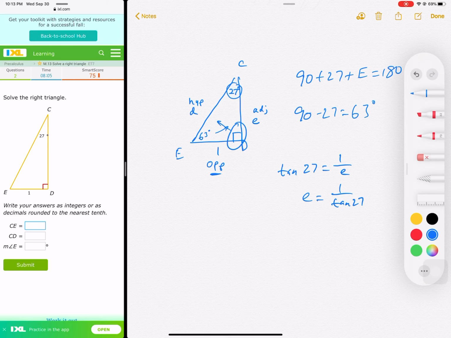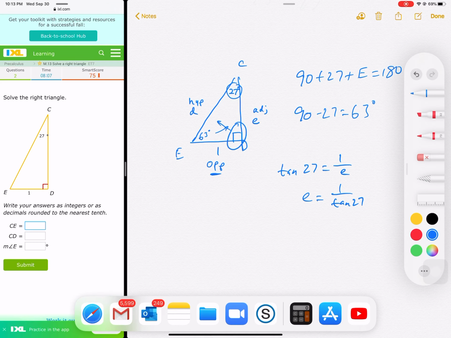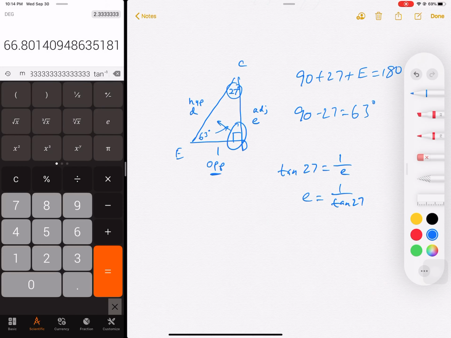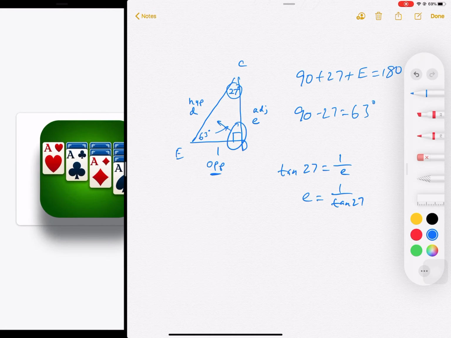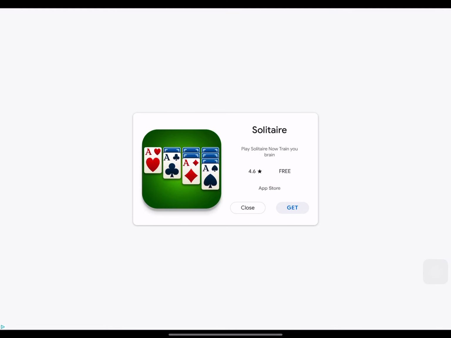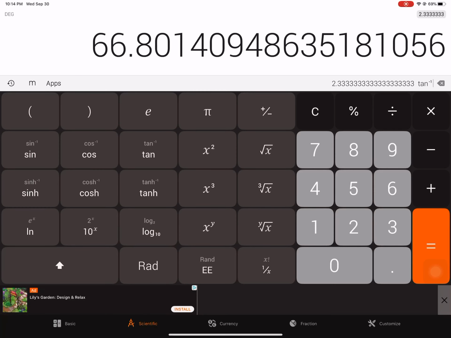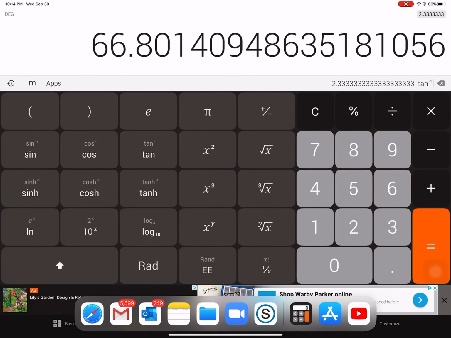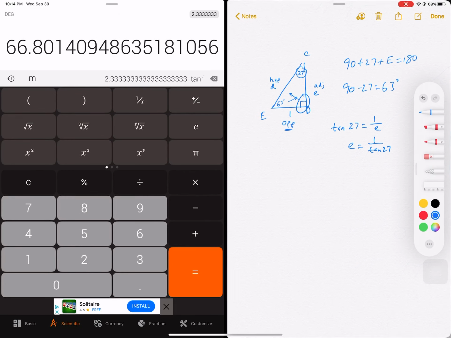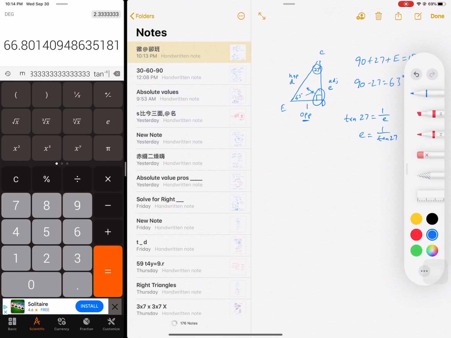And this is just going to be calculator for us. Let's go ahead and take out my calculator. We're going to clear that.